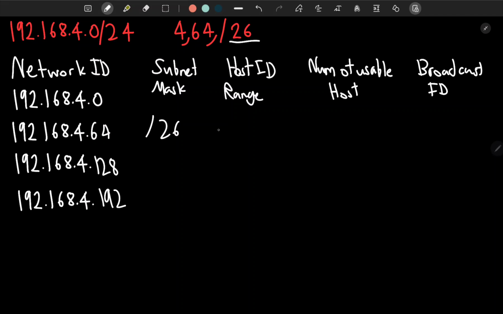Here it will be everything between, and I'm not going to write the first 3 octets, so it's going to be .1 till .63. So these are all the hosts that we can use for our, oh, I made a mistake here. It's going to be 62, since 63 will be the broadcast ID over here, and 64 is the next network ID. And for the next one it will be .65 until .126.